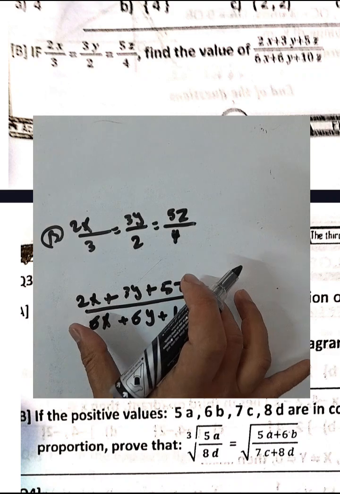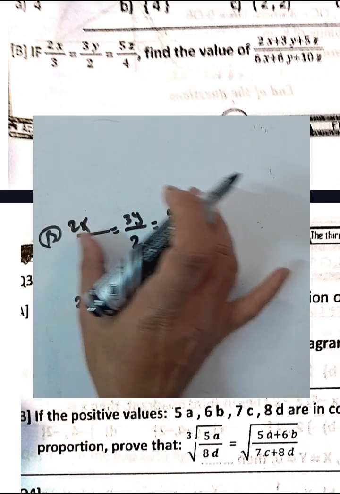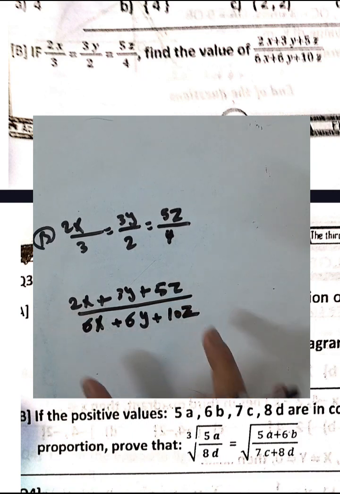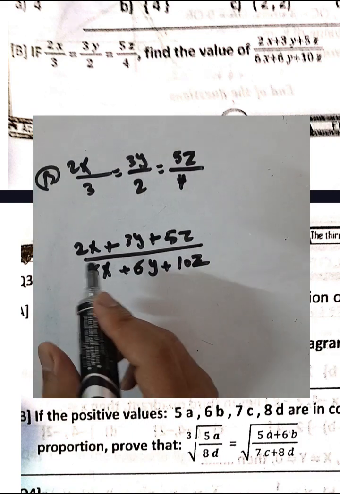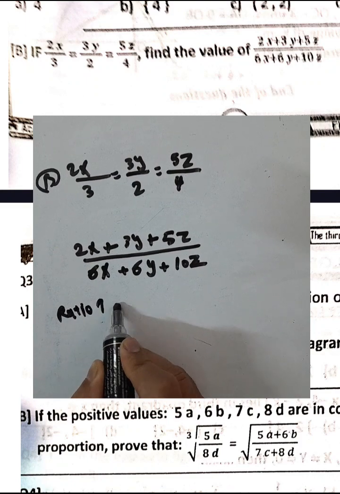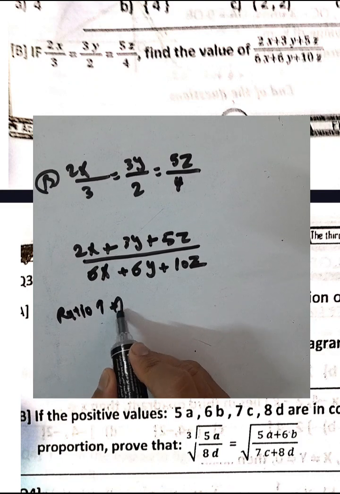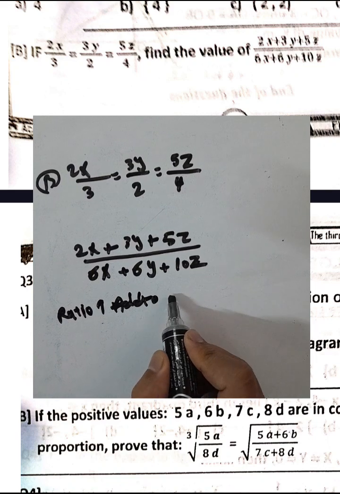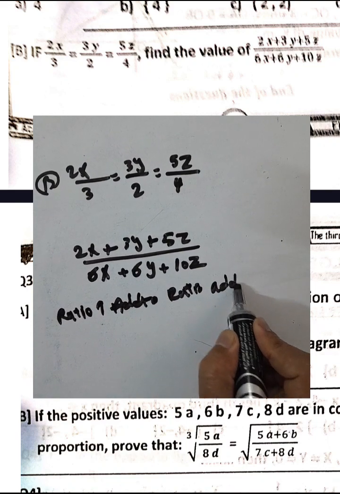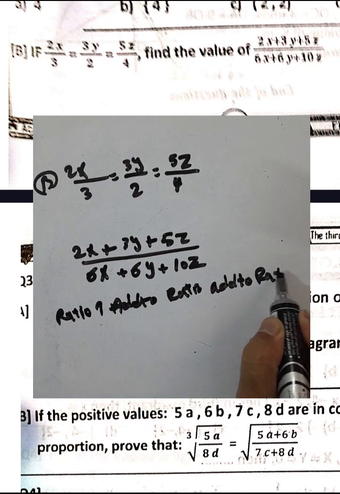First step, we can add all ratios to find this numerator here. We must add ratio 1, ratio 2, and ratio 3.